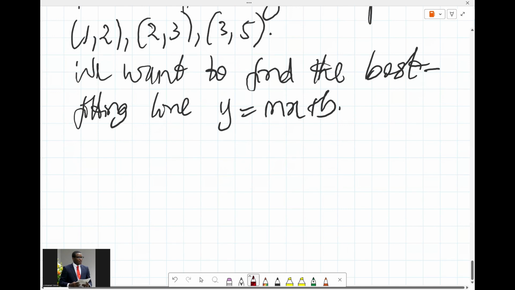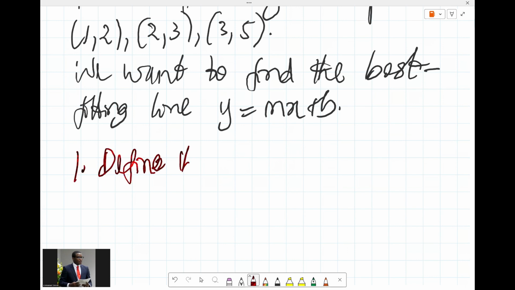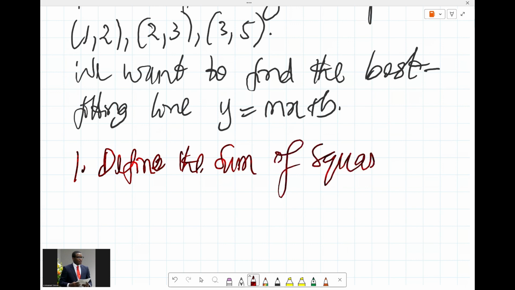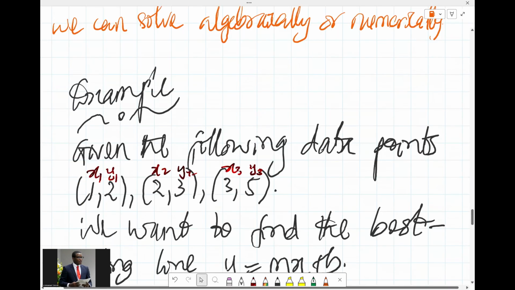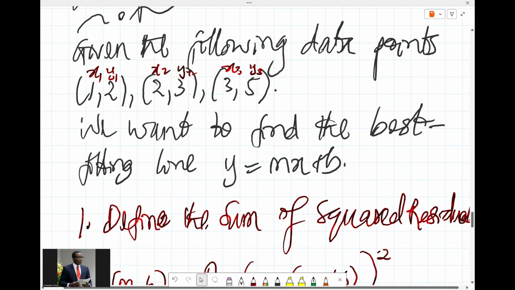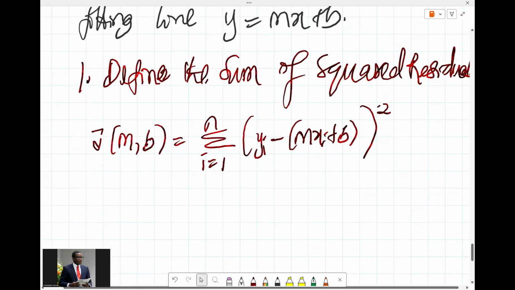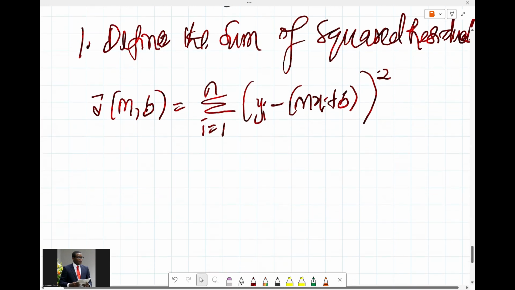For the first step, we define the sum of squared residuals. So J of m comma b equals summation of yi minus mxi plus b, squared.